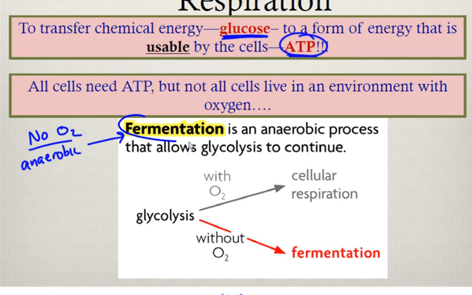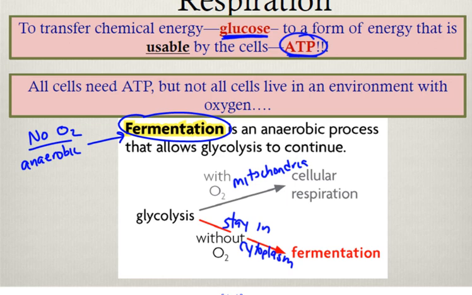Anaerobic is also known as fermentation. And if there is no oxygen, we stay in the cytoplasm. If there is oxygen, we go to the mitochondria. So oxygen is the ticket.